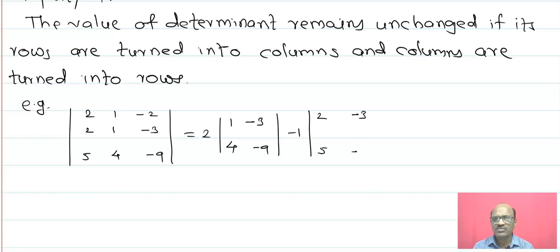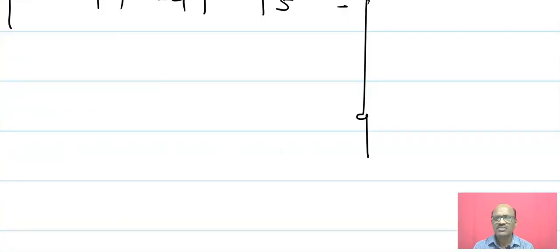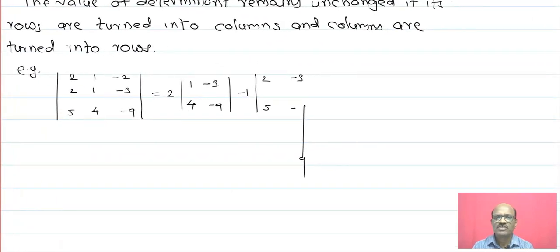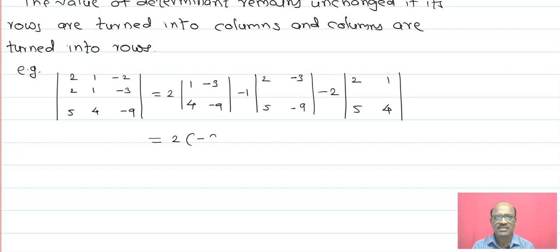Means that the first row is changed to the first column, second row will be second column, third row will be the third column. Now evaluate this determinant. This we learned in the first exercise 4.1, to evaluate this type of determinant.